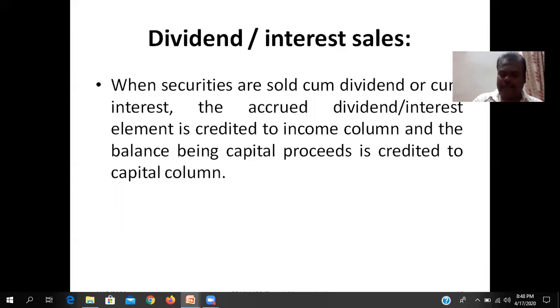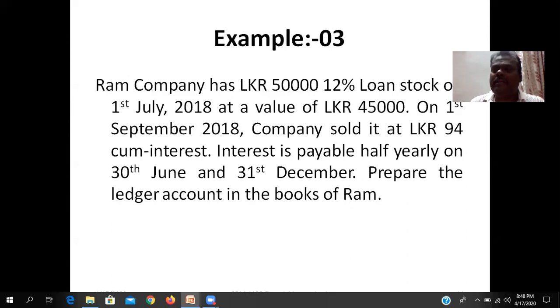You know what we did in our previous example for the investment purchase cum interest: whether it is the purchase or the sale of investment, if it is bought or sold cum interest, the pre-period interest would be adjusted. So we can simply see example number 3, then you can understand it.